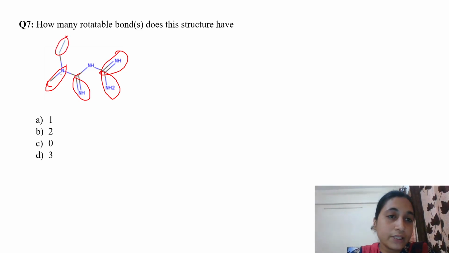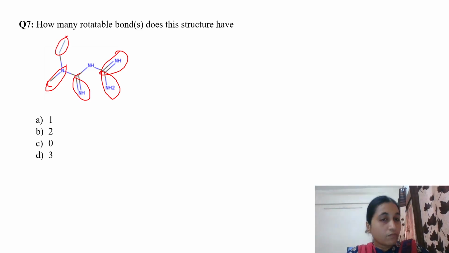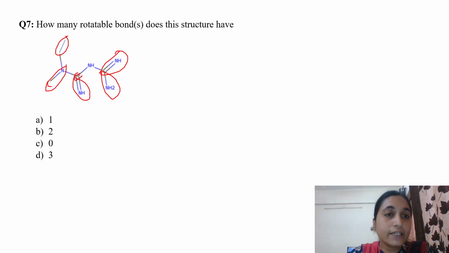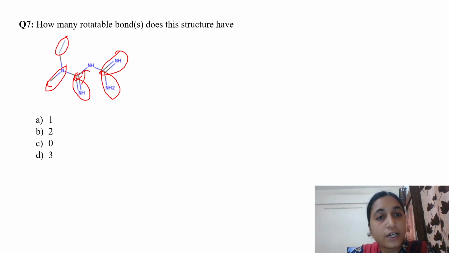So now we will see all of this. Here we can see this carbon is connected with this NH by a double bond, and this by a single bond. So here resonance can be formed. Because of the high energy barrier, rotation won't occur here, and in this case similar things occur.